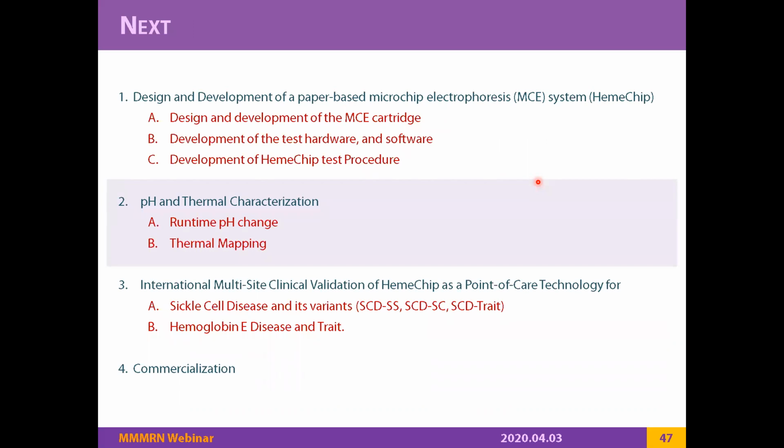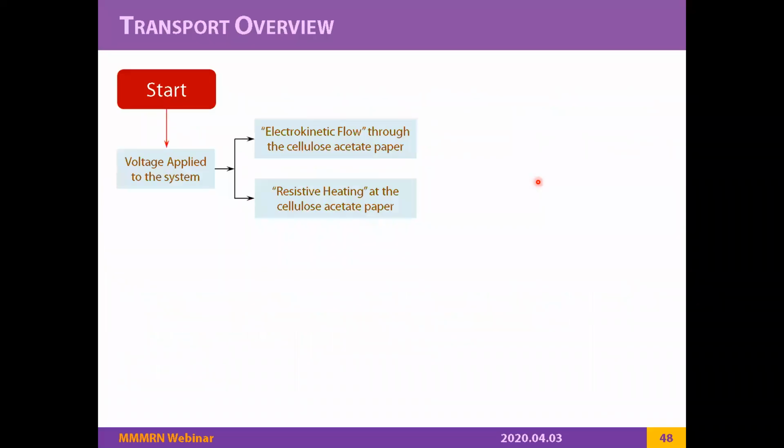So I'm going to quickly go over the thermal characteristics, just to give an idea of what kind of characterization we have done. Once we run hemoglobin separation, we apply some voltage on a buffer that has a sample in it. Two things happen. Because of the nature of the electrophoresis buffer, we have resistive heating, and we also have electrokinetic flow.